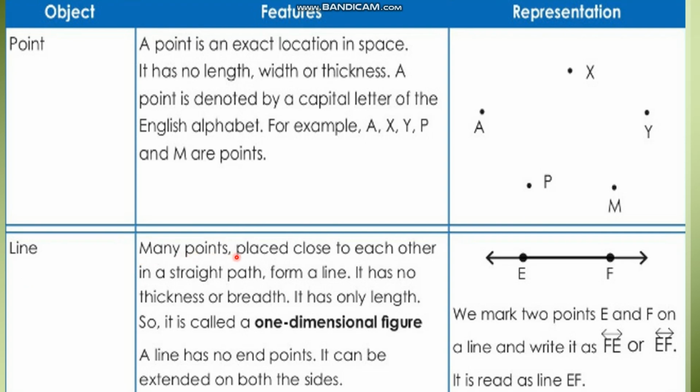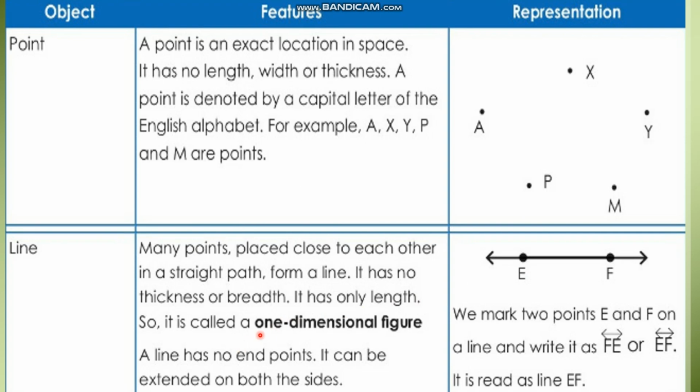Many points placed close to each other in a straight path form a line. It has no thickness and no breadth, but it has length, isn't it? The line has length, and that is the only dimension the line has, so it is called a one dimensional figure.